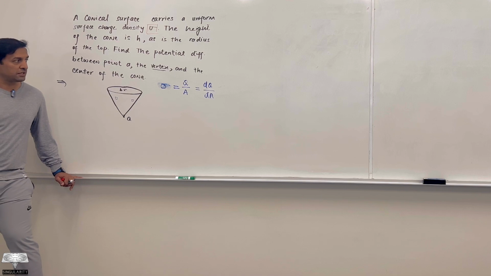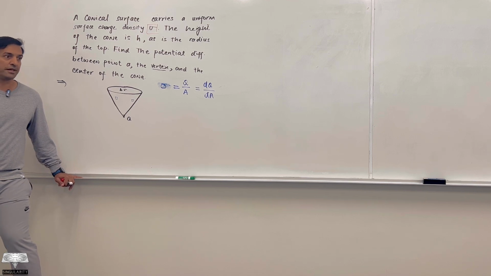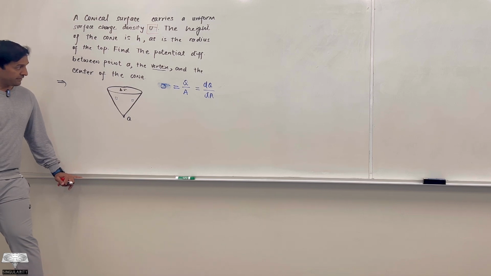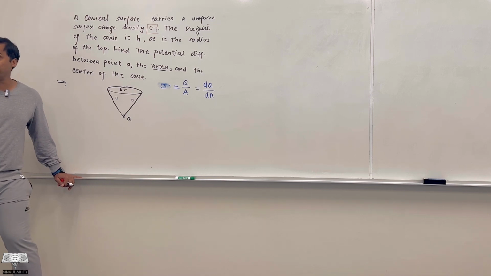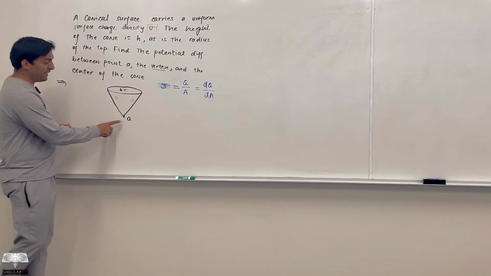And that's the good thing about surface charge density, because it's a constant quantity. Its value is the same everywhere on the surface of the object, whatever you are considering, which in this case is a cone.